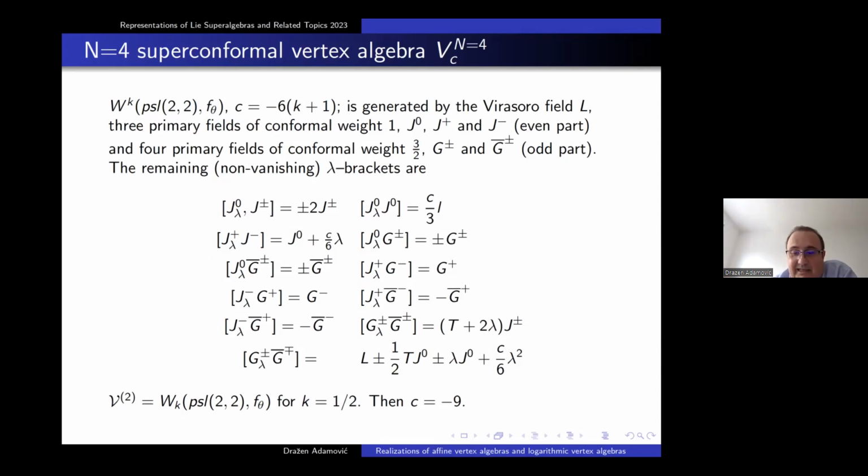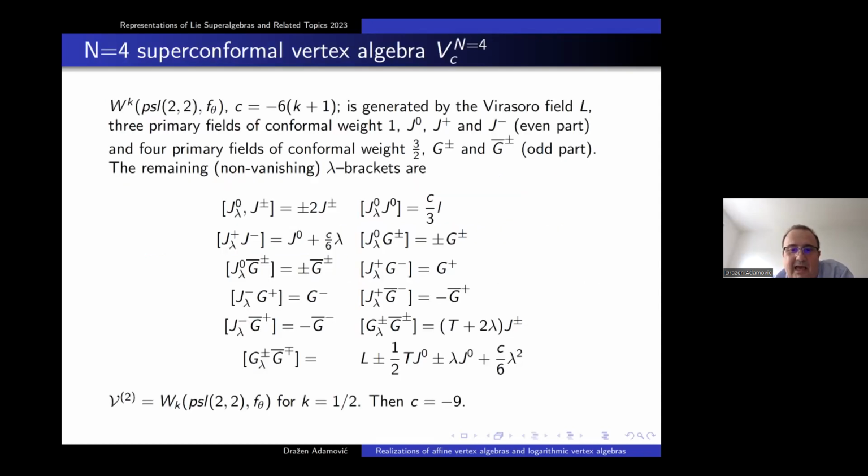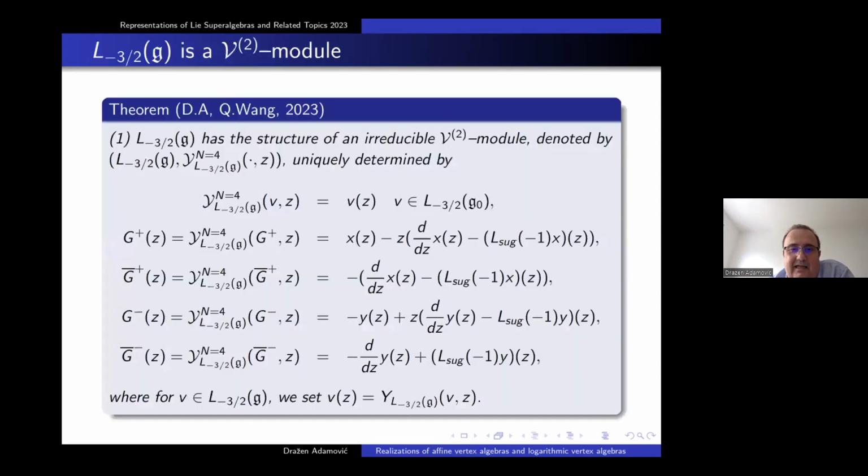And it is fantastic that this is related to OSP. We all know what the Lie superalgebra OSP is, and how we relate this. So we show that the critical level OSP algebra has the structure of an irreducible module for V2 of the N equals 4 superconformal algebra generated by these fields.